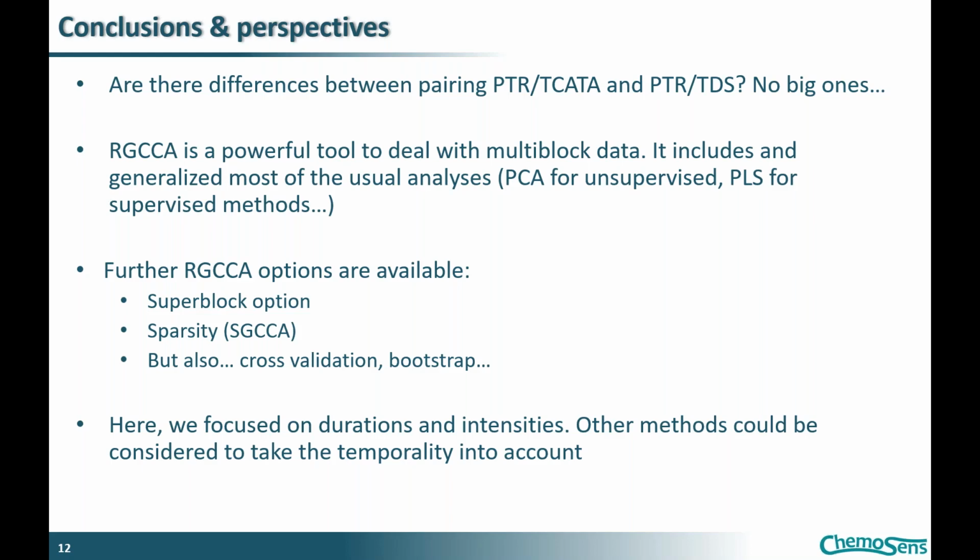Regarding OGCCA, it was shown to be a very powerful tool to deal with multi-block data. In fact, it includes and generalizes most of the usual analyses. You can find back PCA for unsupervised analysis, PLS for supervised methods, but also, for example, multiple factorial analysis or hierarchical PCA and so on.